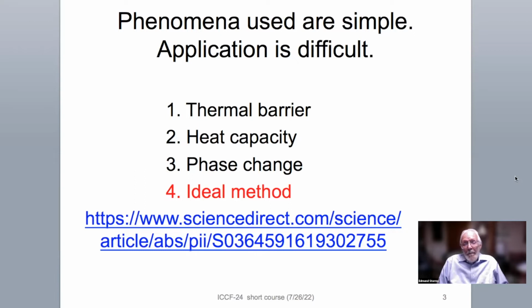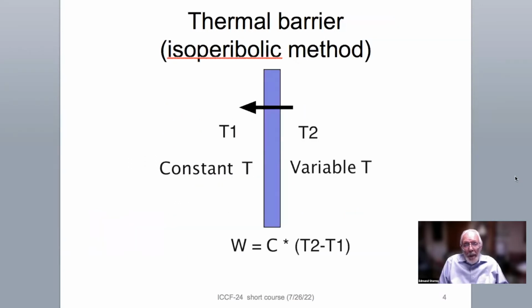The method is quite simple. The implementation is very difficult, however, because heat never wants to go where you expect it to go. So you constantly have to anticipate what it's planning to do in order to make the suitable corrections. If you'd like a nice discussion of the history of calorimetry, I suggest that you go to the website that's noted on this slide.